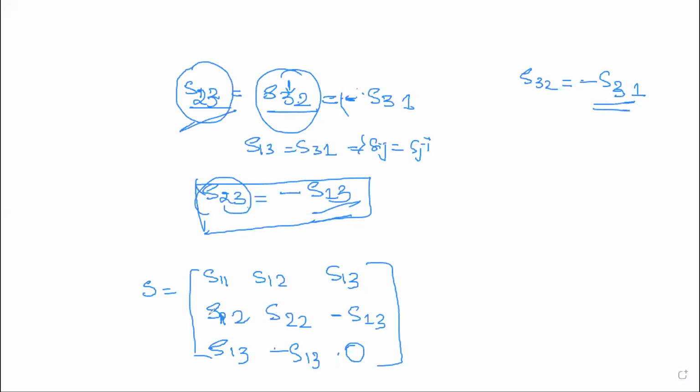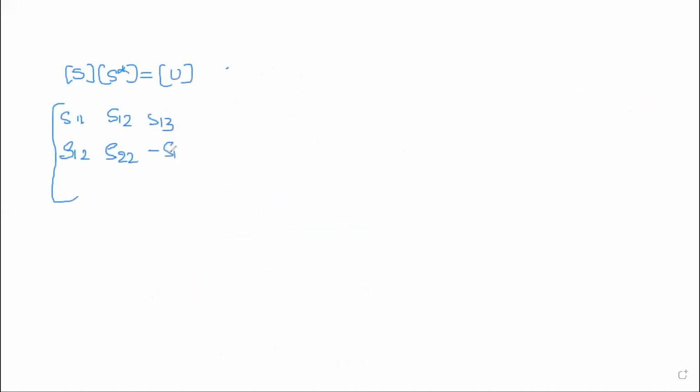Okay. Now we'll move to the next step. Now considering this S parameter to unitary matrix, if I write the equation, you know that S matrix with your S complex matrix is equal to your unitary matrix. Now this matrix you have to write and substitute, that is S11, S12, S13, S12, S22, minus S13, S13, minus S13, 0.